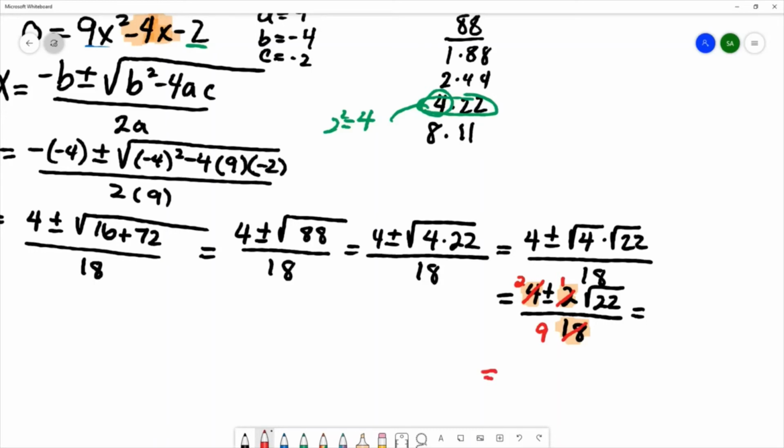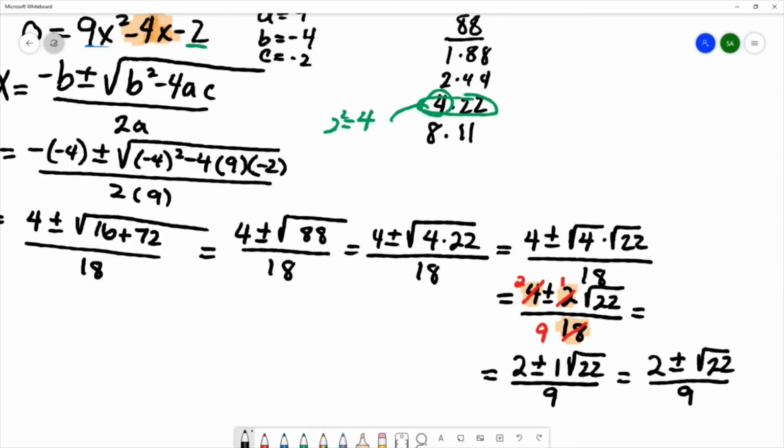And that's going to leave me with 2 plus or minus 1 square root of 22 over 9. And 1 square root of 22, that's 1 times square root of 22. And 1 times anything is itself, so we can get rid of that 1 there. So we found the x-intercepts to be 2 plus square root of 22 over 9 and 2 minus square root of 22 over 9.